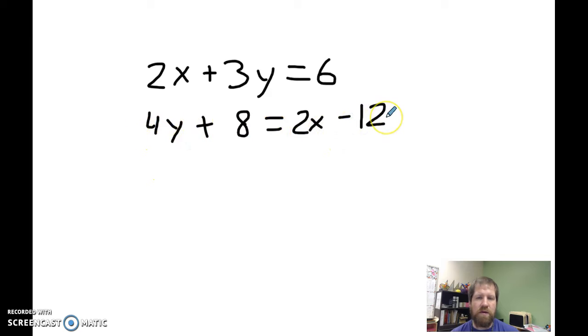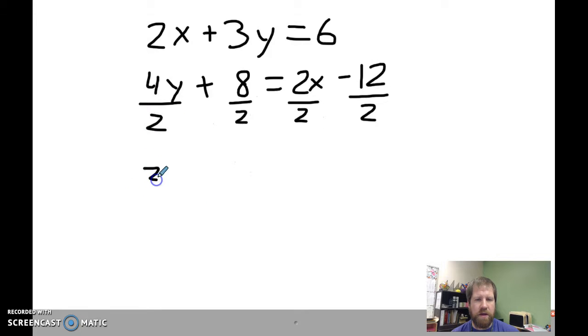So I can do this one without having to mess with any fractions. So I'm going to go ahead and divide every term by 2. Then I have my 2y plus 4 equals x minus 6.